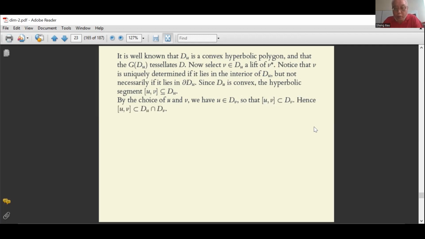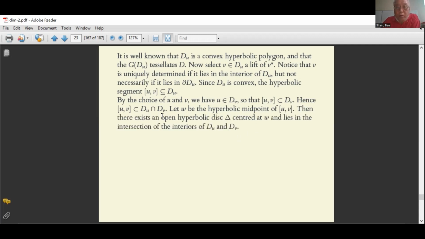This means that the whole segment is contained in the intersection of the Dirichlet region of U and the Dirichlet region of V. So we take the hyperbolic midpoint of UV. UV is, remember, a hyperbolic geodesic connecting U and V. We take the midpoint.